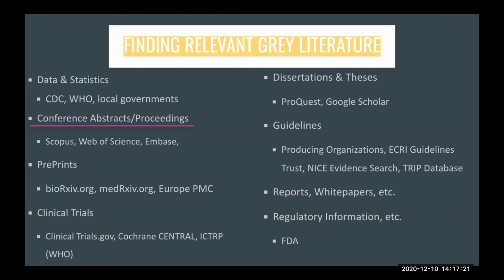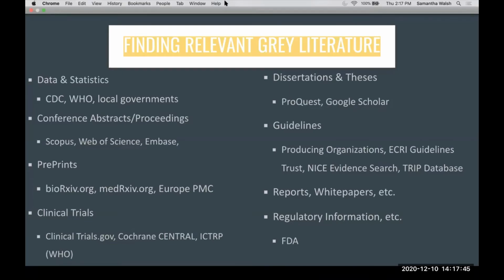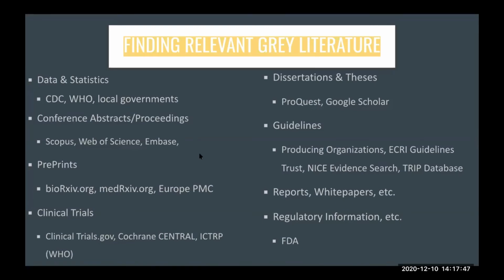I would probably say Embase is the most complete database in terms of including conference abstracts and proceedings. However, if there's a specific conference you're interested in, you definitely want to make sure where that conference is indexed in Embase. It might not be, but then you have the option to just go to that conference's website and search there. So much of gray lit searching is just going to the producing body's website very, very often.